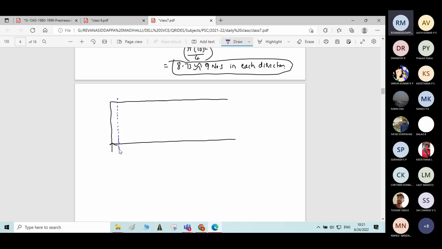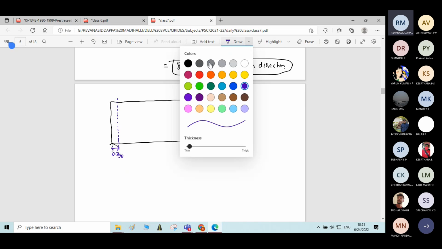This length should be 0.2 y naught, after which we start providing the end block reinforcement.